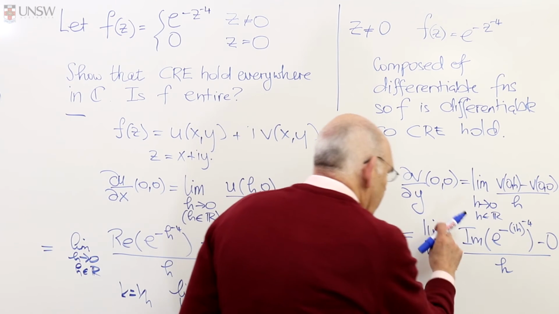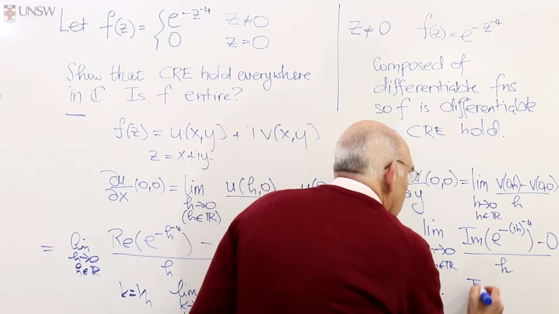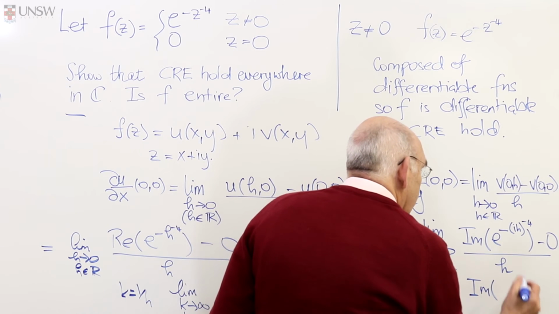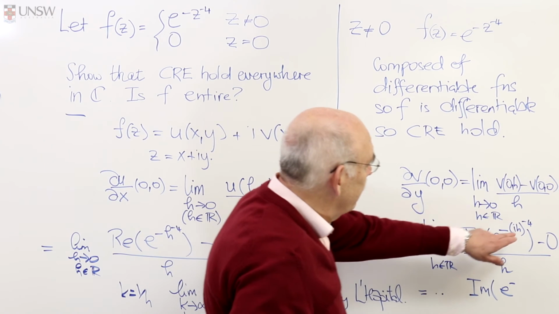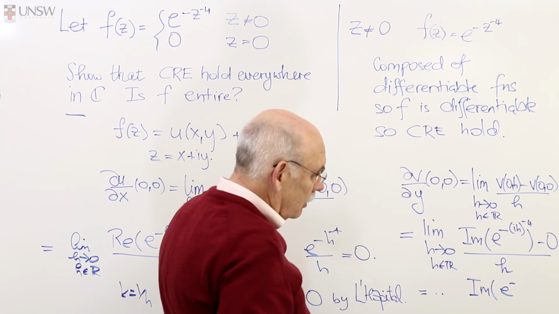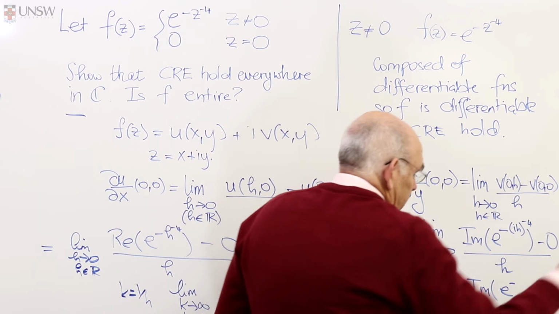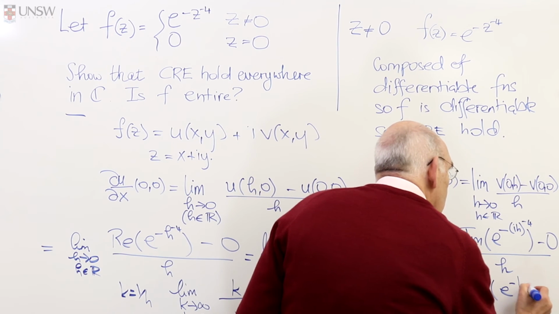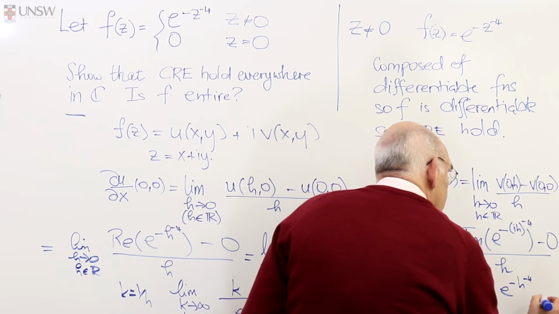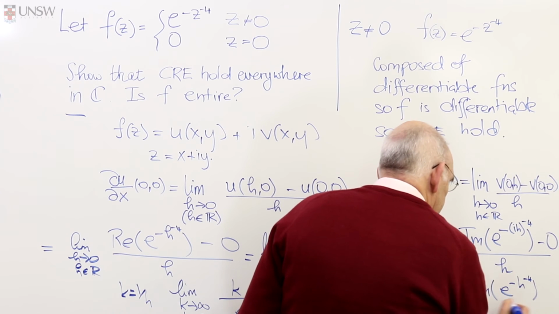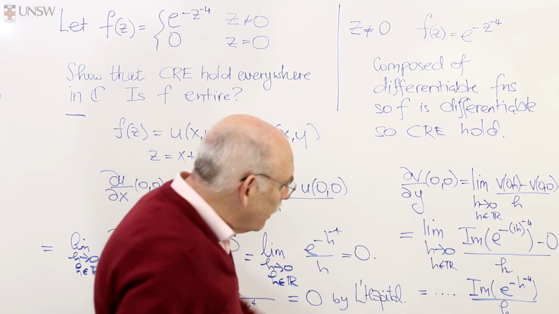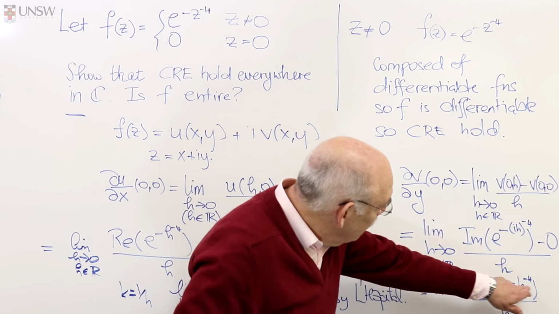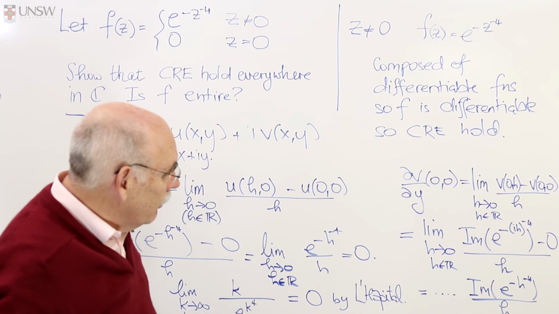Let me forget for the moment about the limit stuff. We're looking at the imaginary part of e to the minus. Now, when I take i to the minus 4, I get just 1. So h to the minus 4, minus 0, I can forget about, over h. Again, I should have a limit here. But notice that h is a real number.